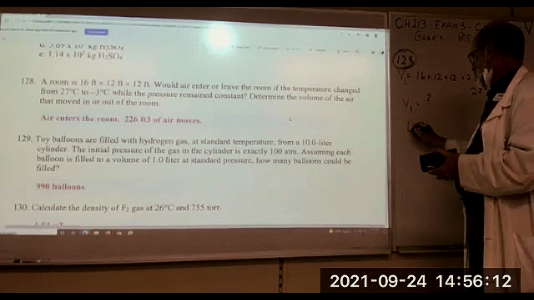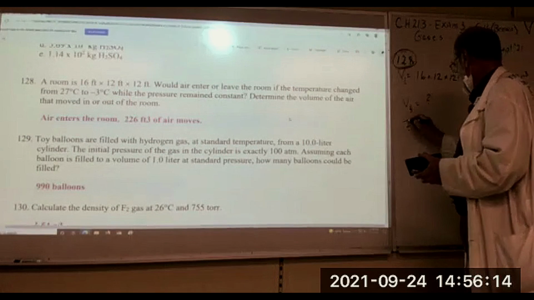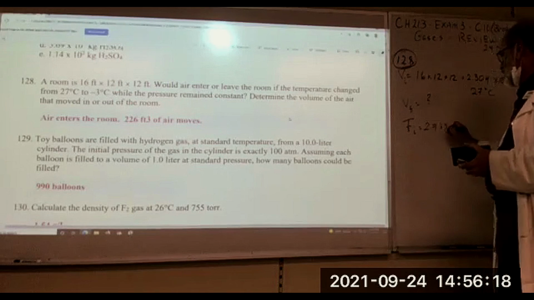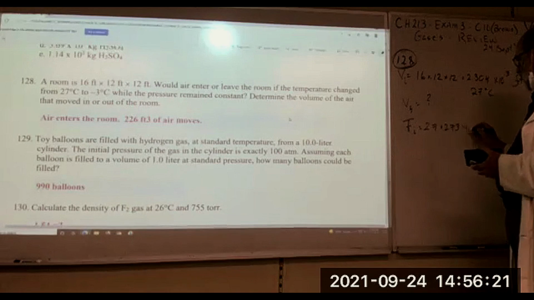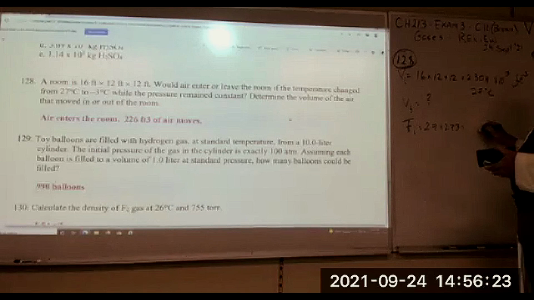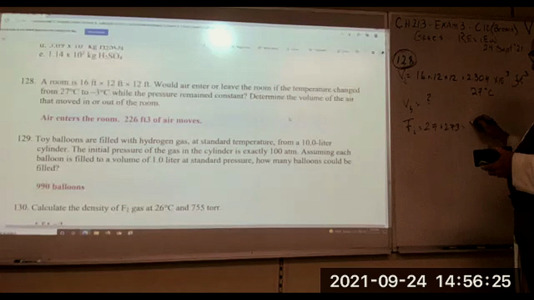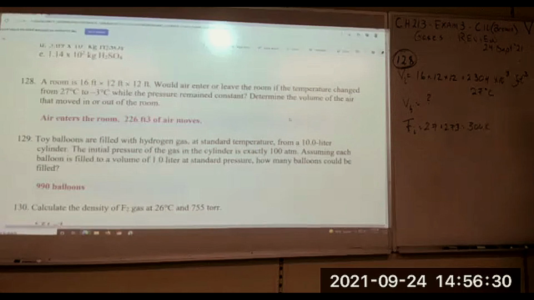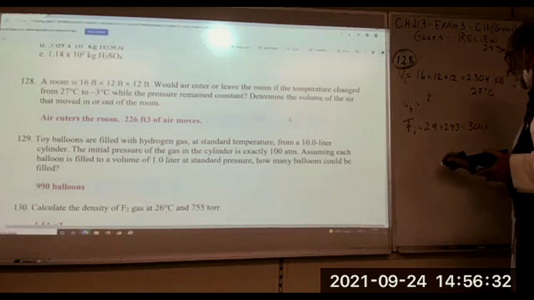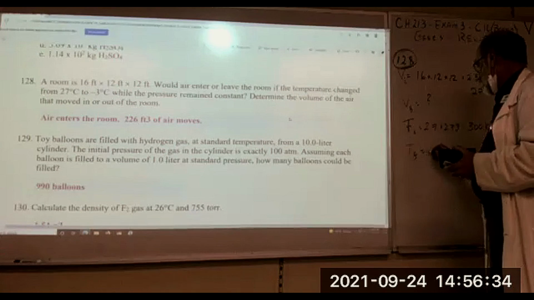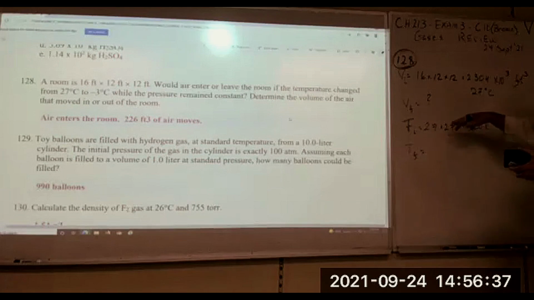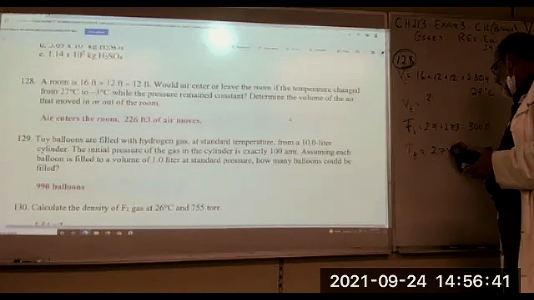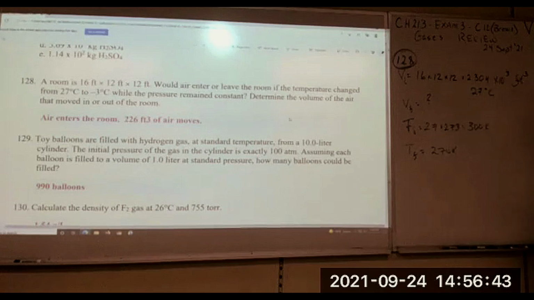And the initial temperature is 27 plus 273, which is what? 300, right? 300K. And the final temperature is -3. It's 270K, correct?